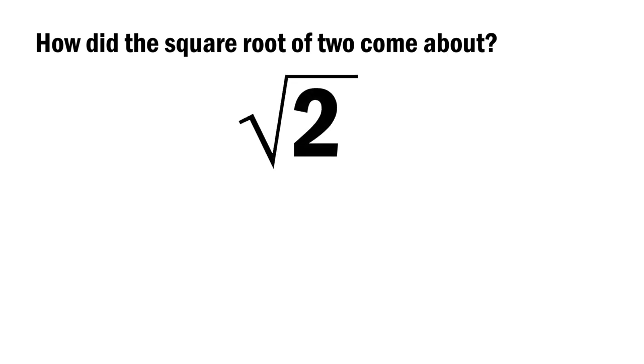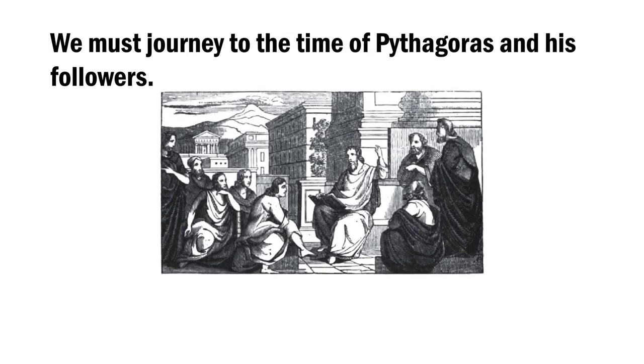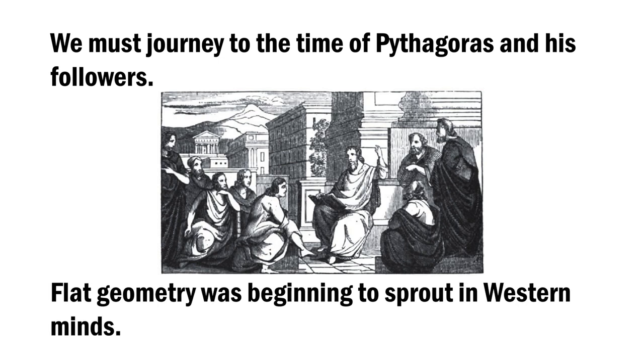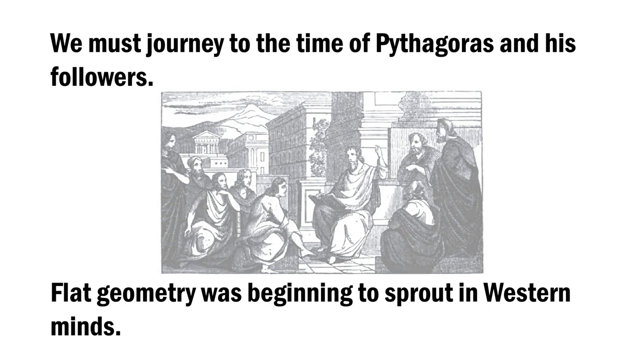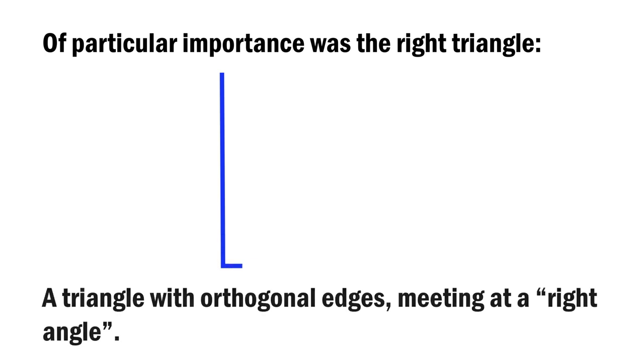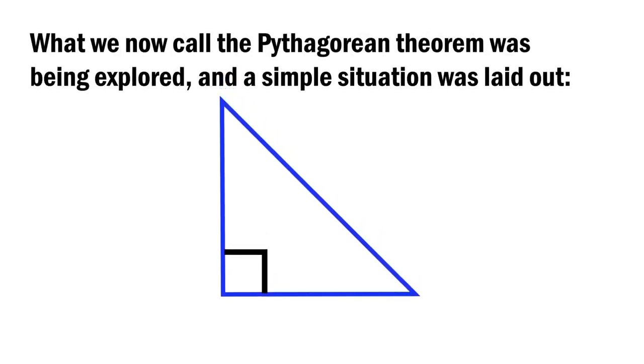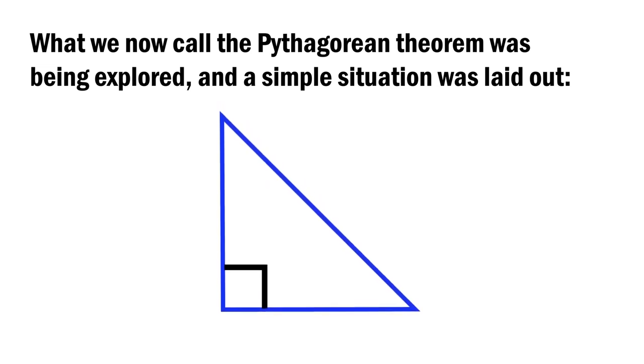So how did the square root of 2 come about? Well, we must journey to the time of Pythagoras and his followers. Flat geometry was beginning to sprout in Western minds. And of particular importance was the right triangle, a triangle with orthogonal edges meeting at a right angle. What we now call the Pythagorean theorem was being explored, and a simple situation was laid out.